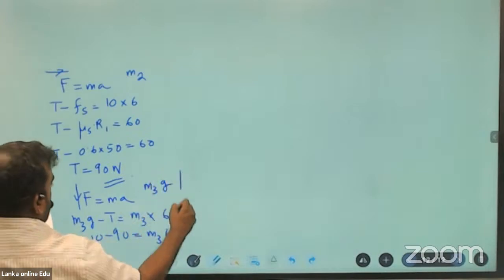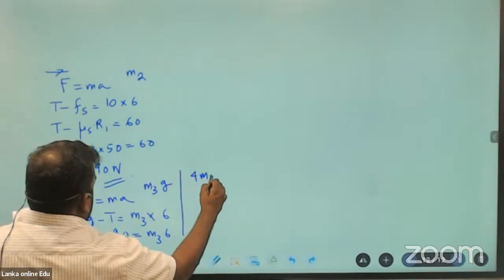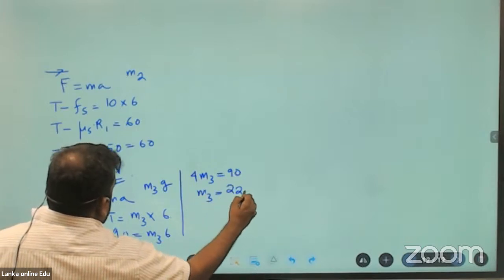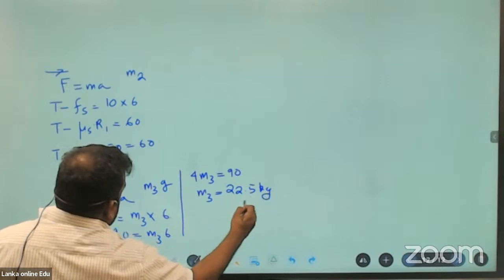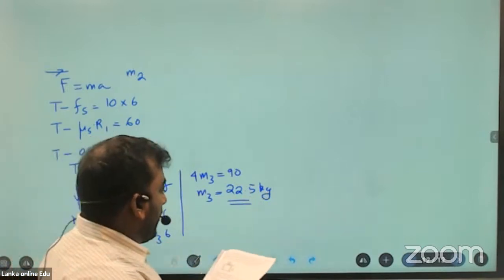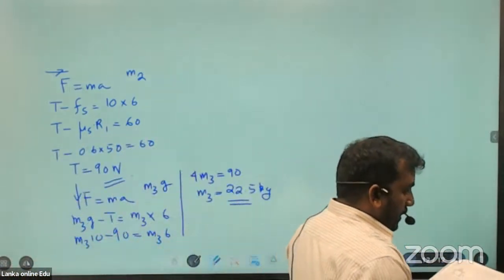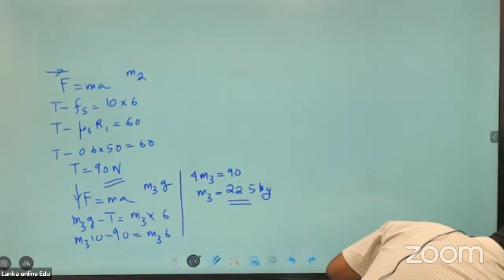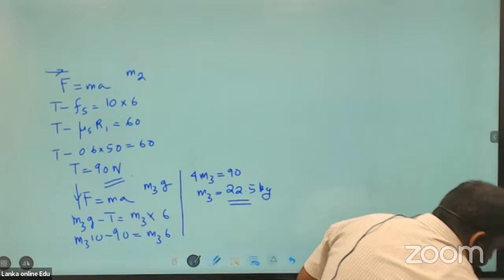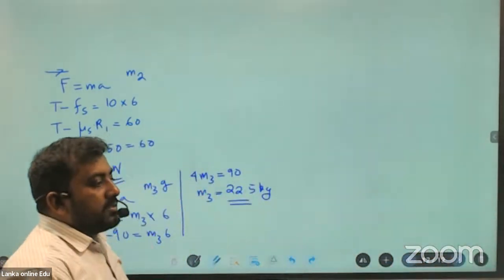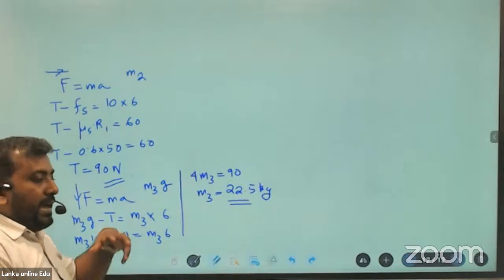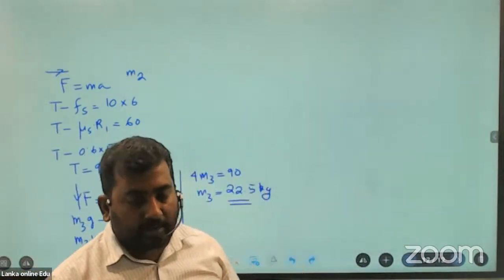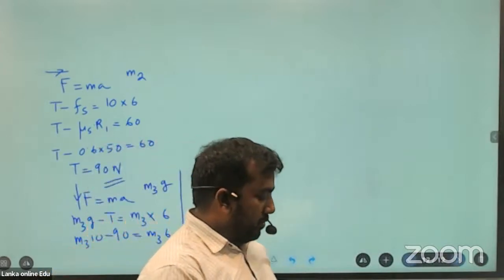So 4 M3 equals 90, M3 equals 22.5 kg. So there you go. Whenever they say no slip, that means both the objects are moving together. Don't forget.